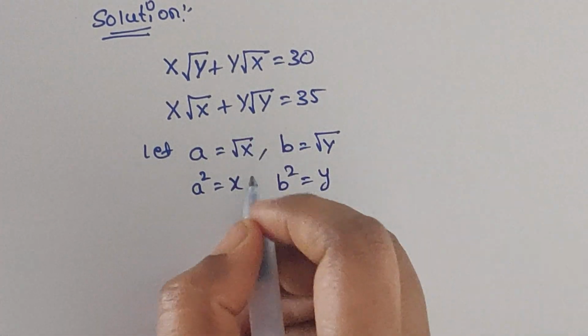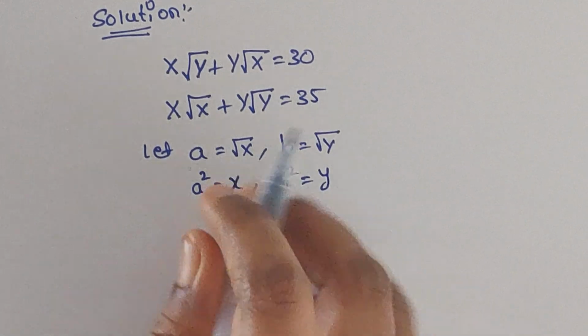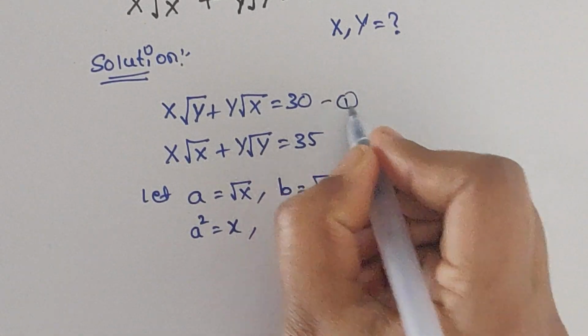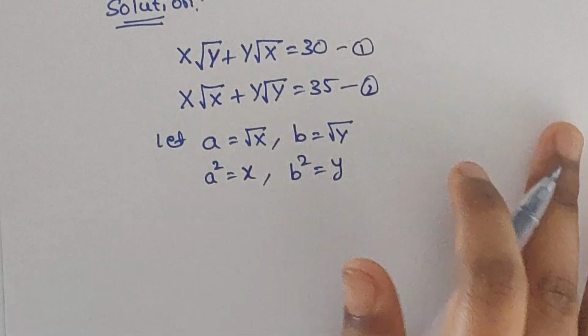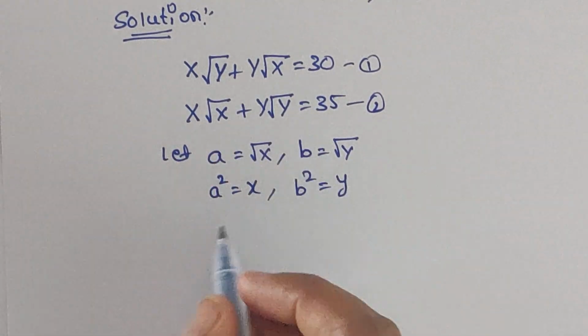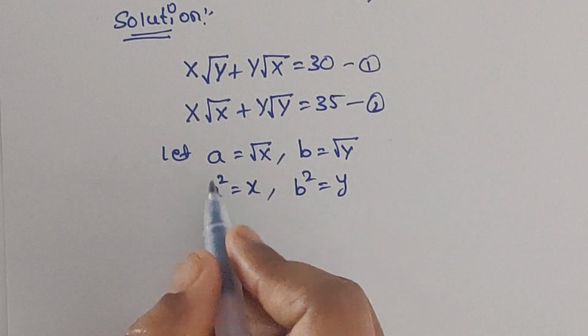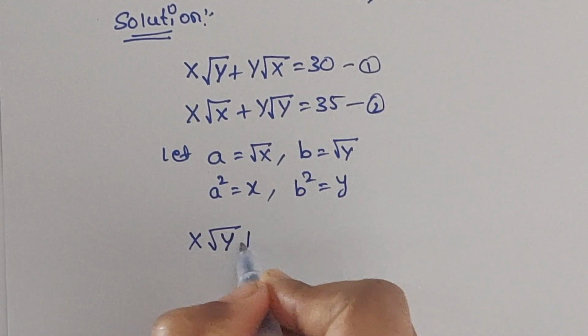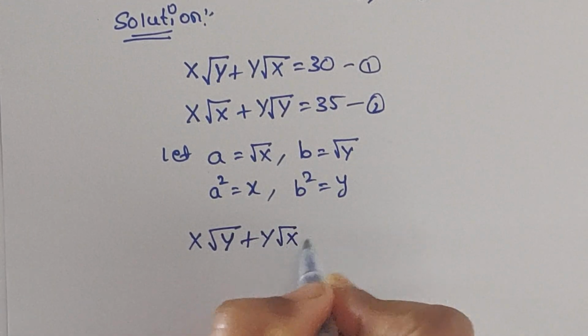Okay, so now substitute these values in these equations. So let us consider this is equation 1 and this is equation 2. So now substitute these values in this equation. So x square root of y plus y square root of x equal 30.